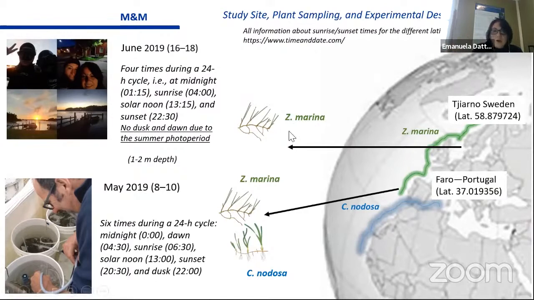While in Charno, since there are no dusk and dawn, when we did the analysis, we collected the samples at 4 times during the day. In both cases, the plants were really shallow, and the quantity of light was comparable.